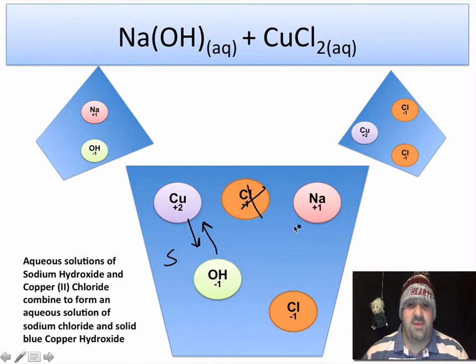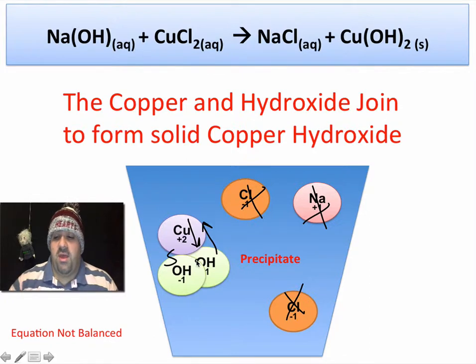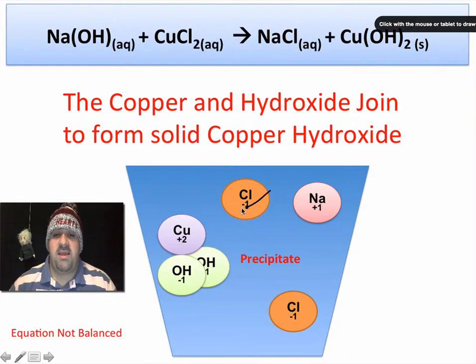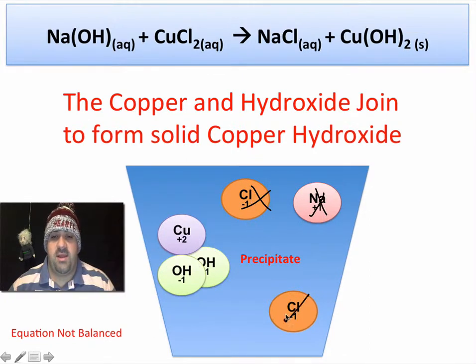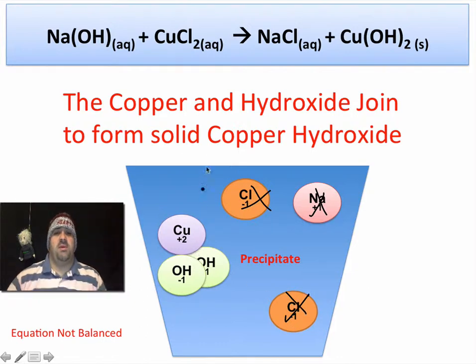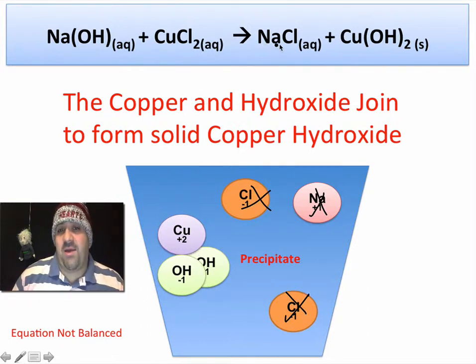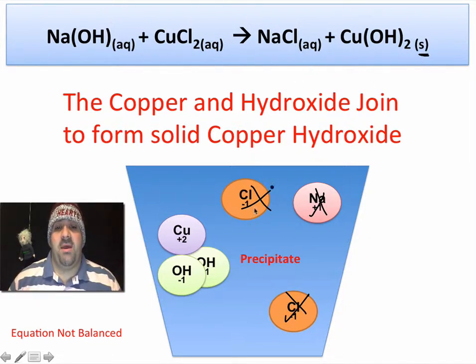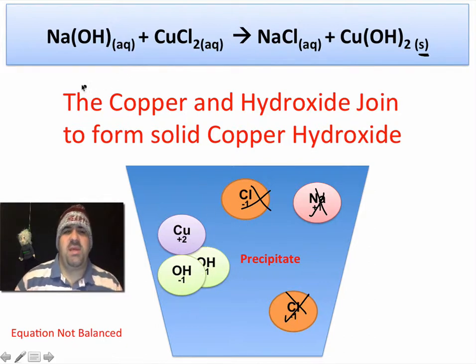And these particles, they didn't do anything. They just stayed in solution, aqueous ions in the solution. So these were our spectator ions. And we're not there yet, but this is a solid precipitate. So we formed aqueous NaCl. They didn't do anything. They just stayed aqueous in the solution. And solid copper hydroxide. So this is our skeleton equation. It's not balanced yet, but this was the first step of what we had to do.